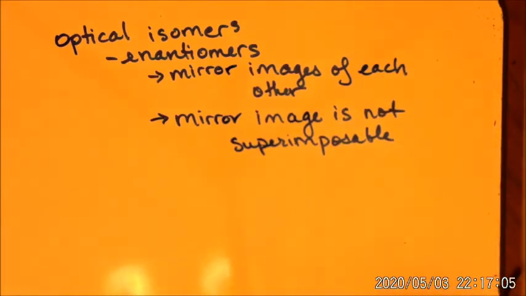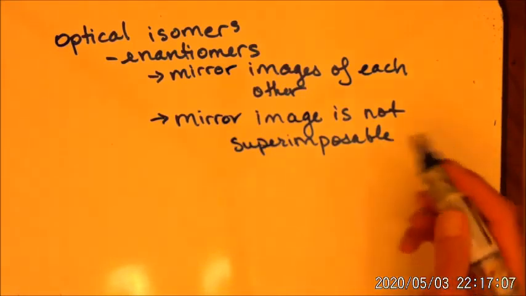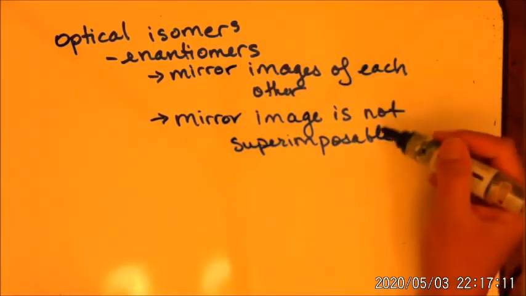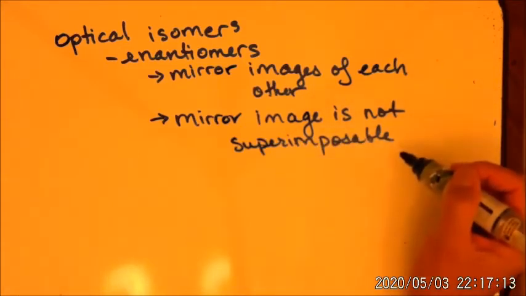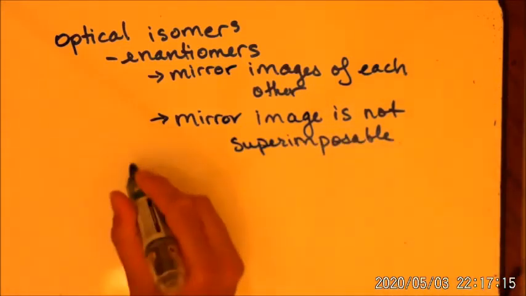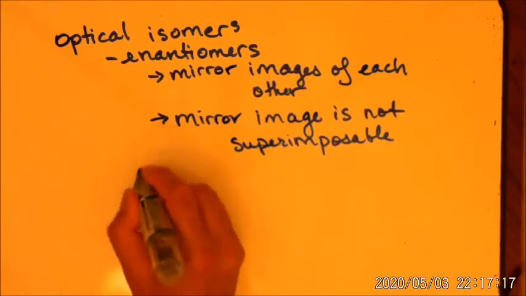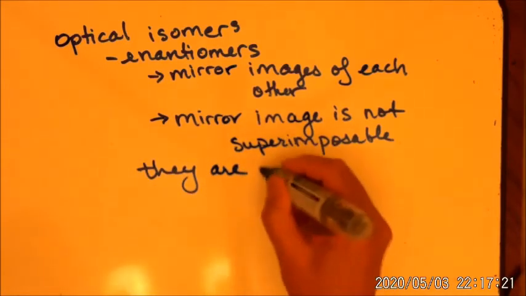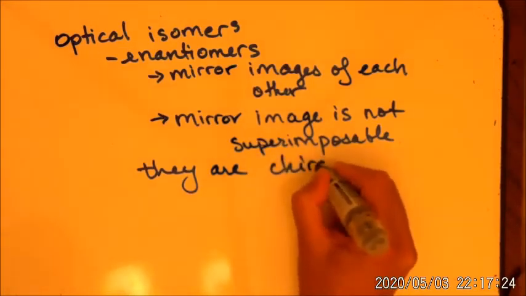Okay, so let's take a look. When you have enantiomers, they're mirror images of each other. The mirror image is not superimposable, so we say they are chiral, which means handed.